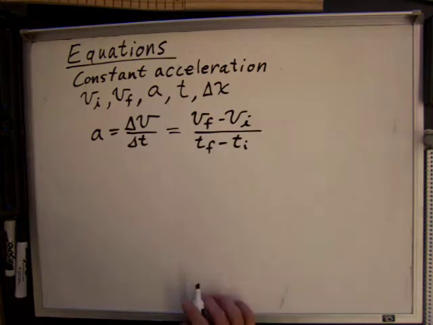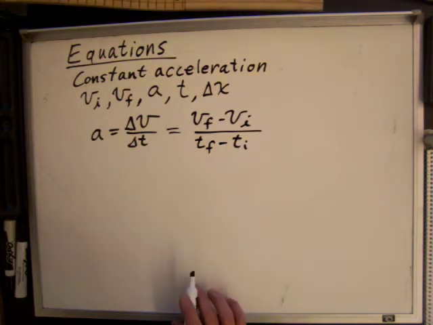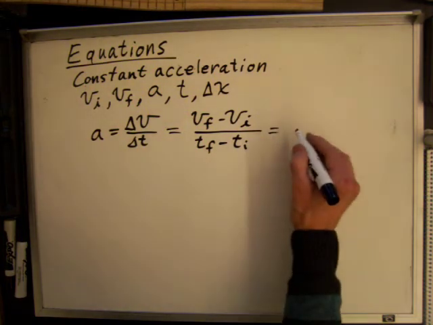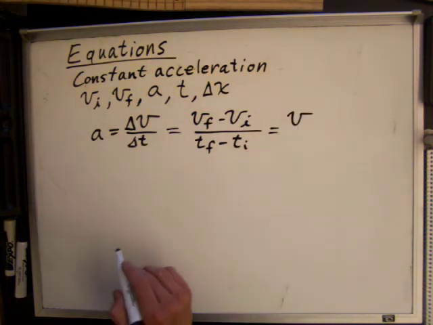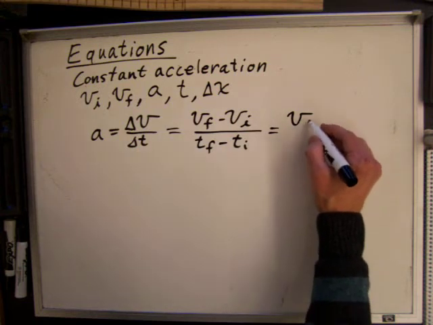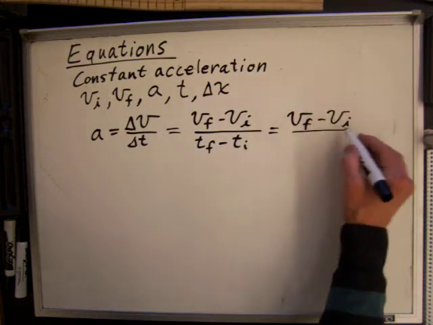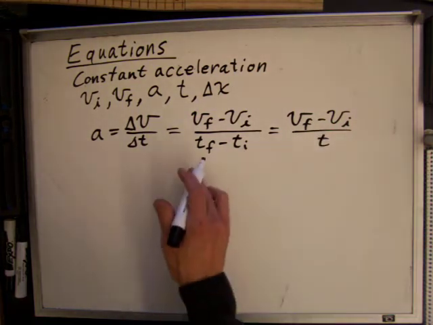Now in most of these problems, they're not going to bother specifying final times and initial times as different. They're just going to give you delta T. And in the textbook often, they just skip this whole thing and instead of delta T, they just write T. So I'm just going to write VI over T, where we understand T is the time from the start to the finish. Okay.